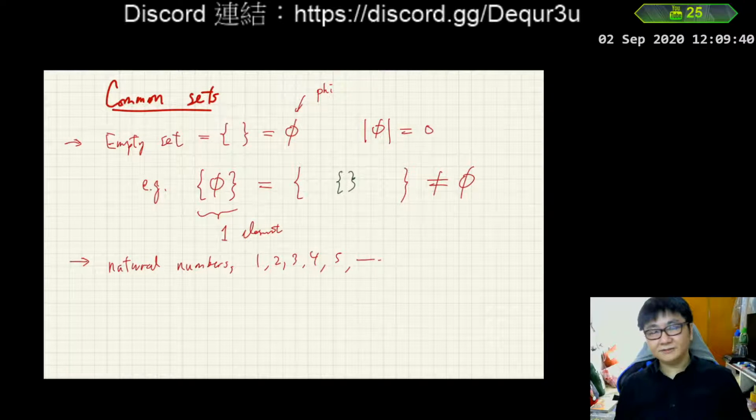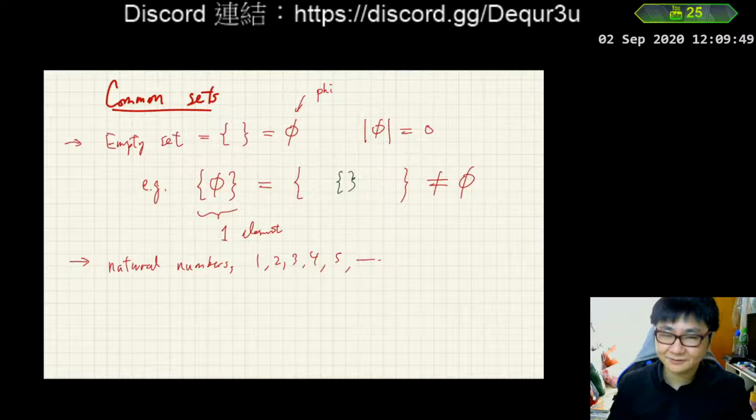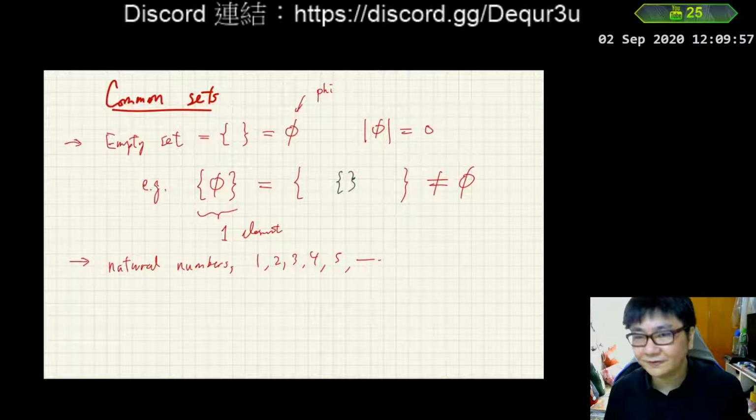When you further study mathematics in university, you will see that a natural number may have a slightly different meaning. Basically, it includes all the counting numbers 1, 2, 3, 4, 5.